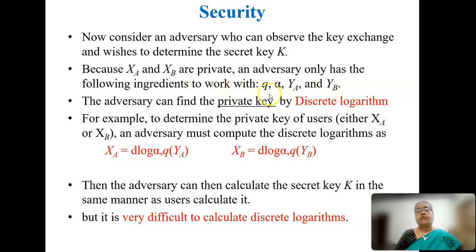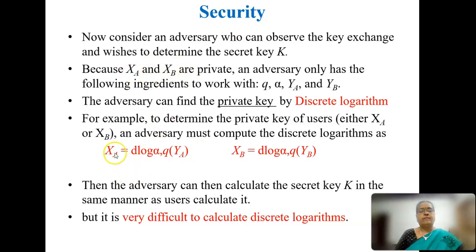He knows the values of Q and alpha, which are public, and YA and YB, shared between A and B. Using these values, is it possible to determine either of the secret keys, XA or XB?